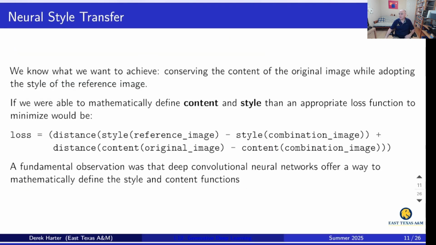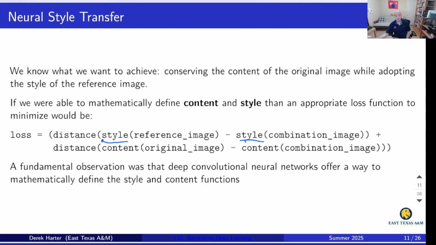So we know what we want to achieve. We want to conserve the content of the original image while adopting the style of the reference. In pseudocode, if we had a function that could measure style, we could take our reference image and our attempt to combine it into our new image, measure the style of those and the difference.